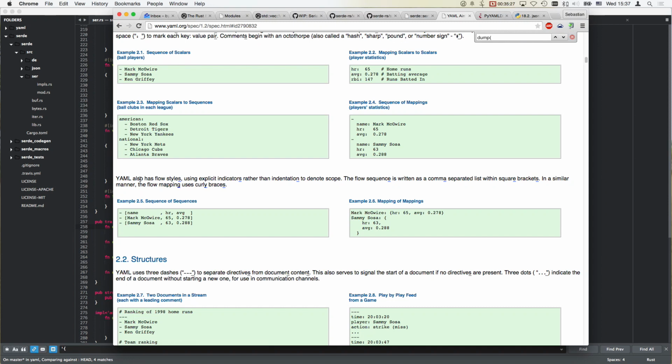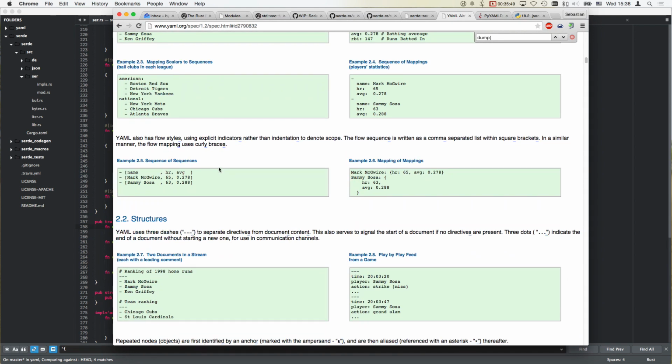YAML also has flow styles using explicit indicators rather than indentation to denote scope. The flow sequence is written as a comma-separated list within square brackets. In a similar manner, the flow mapping uses curly braces. Okay.